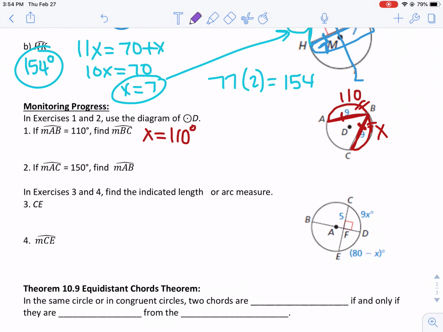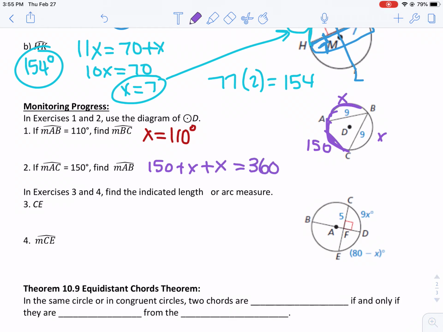The next part says, same picture, but if AC is 150 degrees, find AB. Well, if AB is x, that means BC is x. And a whole circle adds up to 360. So I can take 150 plus x plus x, and that should add up to a whole circle, because that would be this arc plus this arc plus this arc, making the whole circle.